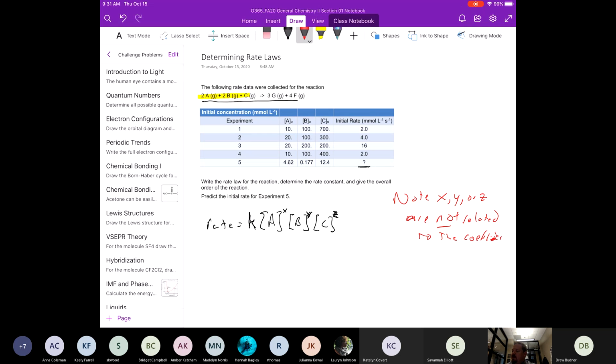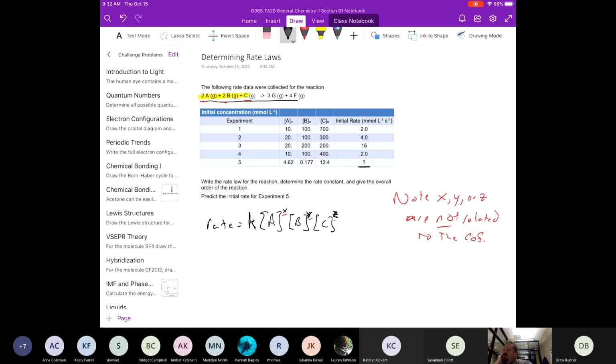I'm just going to abbreviate it there because I can't spell coefficients today. These numbers up here, right? It may work out that they are the same, but they are in no way related. The only way we can determine these values is by using this experimental information. Okay.